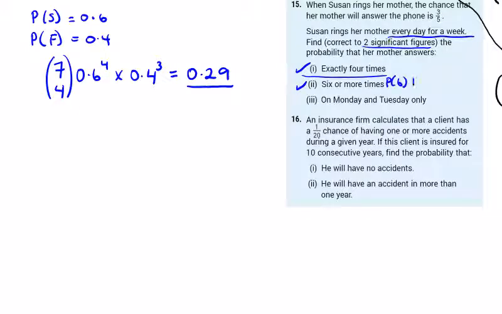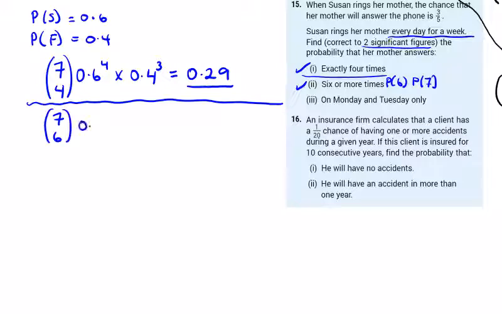6 or more. So the probability is 6 or the probability is 7. We'll add them together. So the probability of 6 is 7 choose 6 by 0.6 to the power of 6 by 0.4 to the power of 1. And 7 choose 7 by 0.6 to the power of 7 by 0.4 to the power of 0.